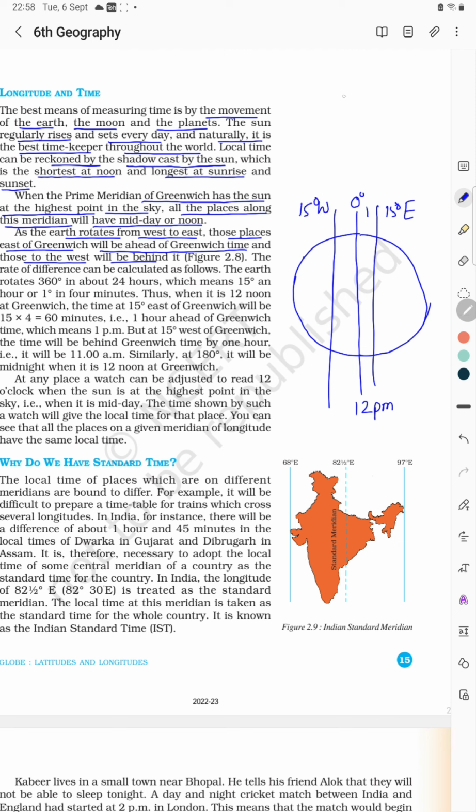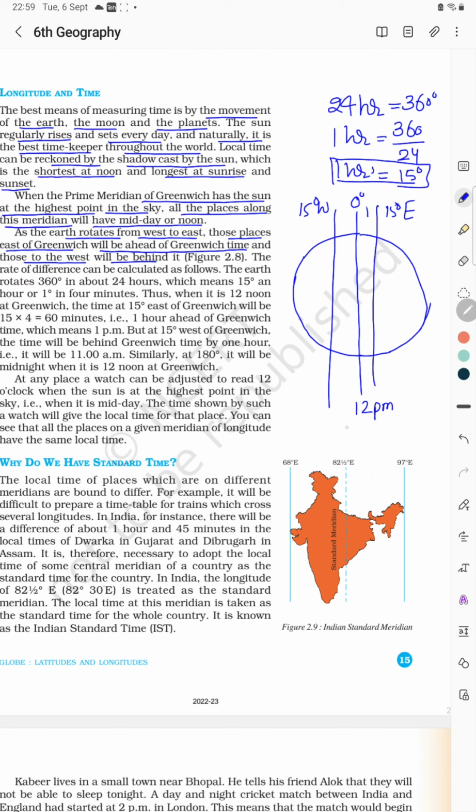As we know, earth rotates about its axis in 24 hours. So in 24 hours, Earth rotates 360 degree. So in 1 hour, Earth rotates 360 divided by 24, that is 15 degree. So in 1 hour, Earth rotates about 15 degree.